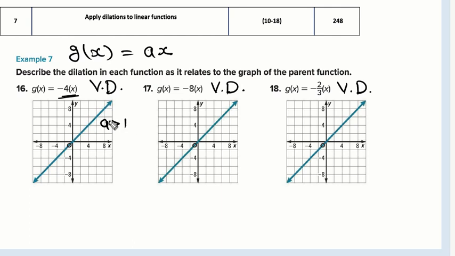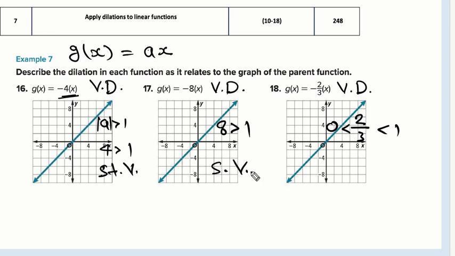Yes, mod of a, 4 is more than 1, 8 is more than 1. 2 over 3 is a bit less than 1. So this will be stretch vertically, and this is compress vertically.